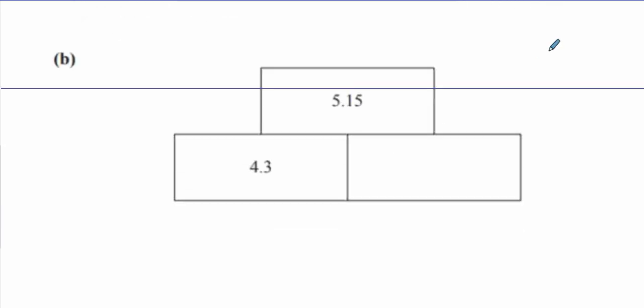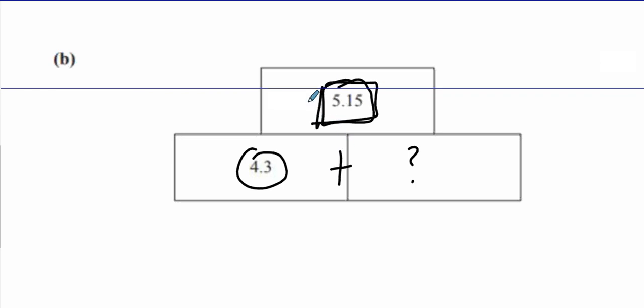Same instruction, this number plus unknown equals this number. In other words, this top number minus the bottom number equals that.